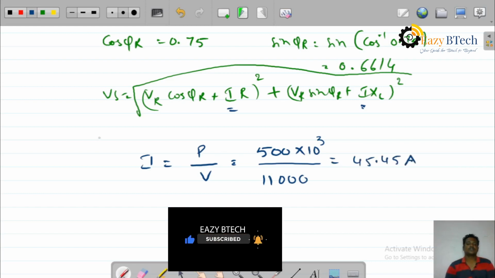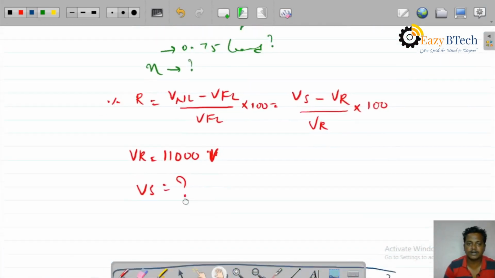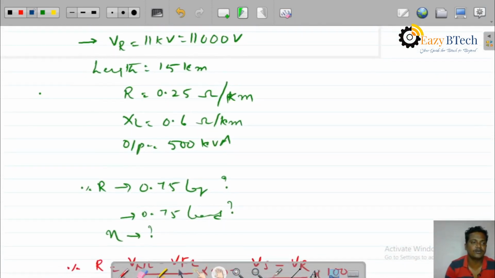Now I will substitute all the values: VR equals 11,000 into 0.75 plus 45.45 into the resistance. The given resistance per kilometer is 0.25. Therefore, we have to calculate the resistance for 15 kilometers. It is 0.25 into 15, which is 3.75 ohm.